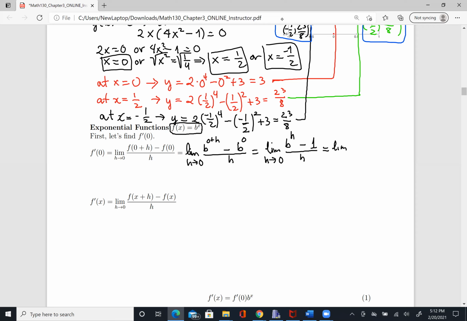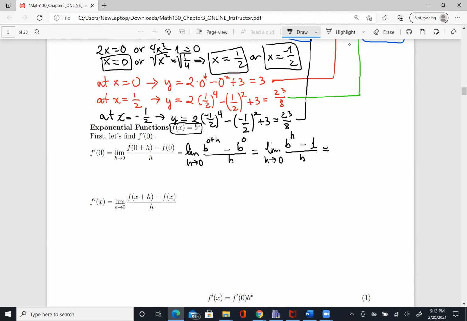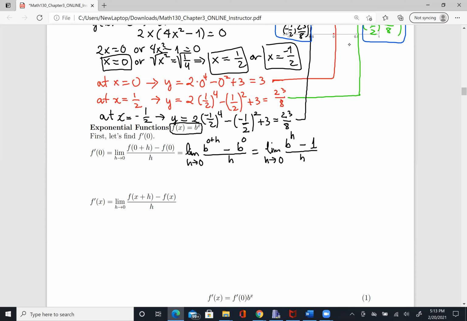You cannot cancel h after this, so I would say I stay here and say this is an expression for f prime of 0. Okay, I'm just going to keep that in mind because later on I'm going to use that for f prime of x.